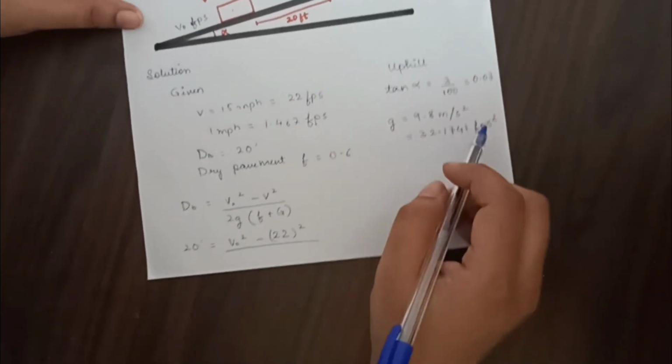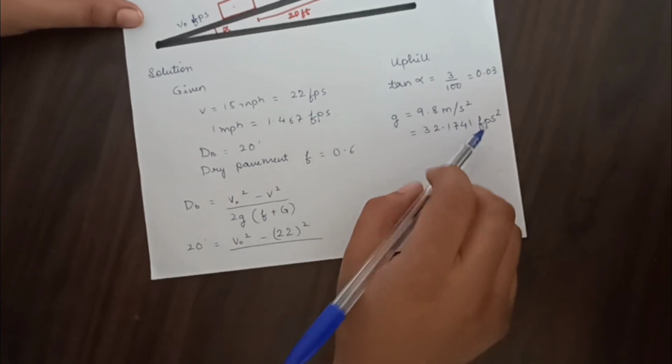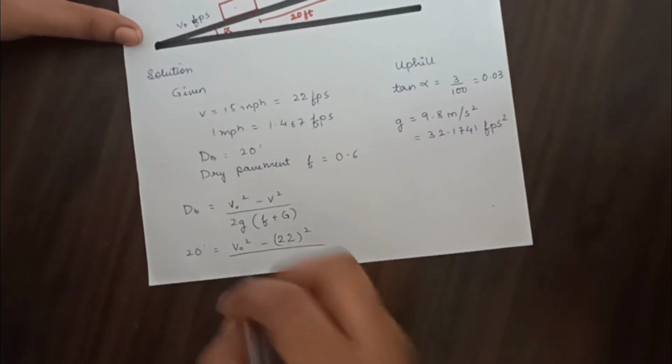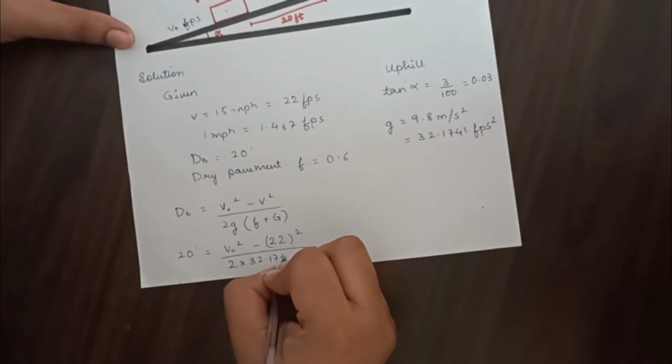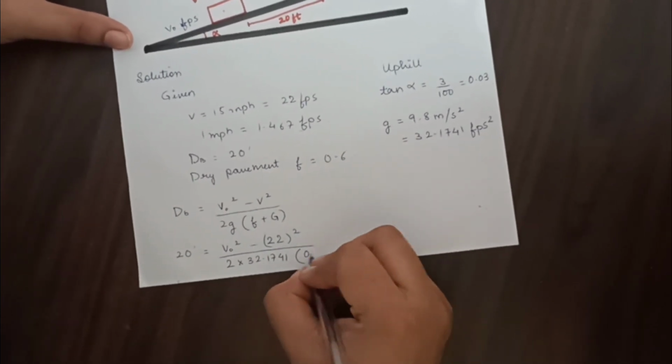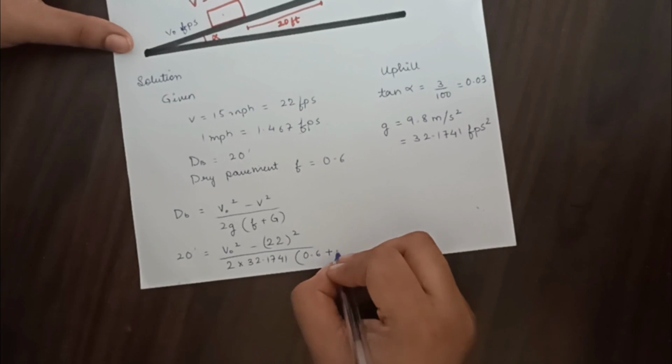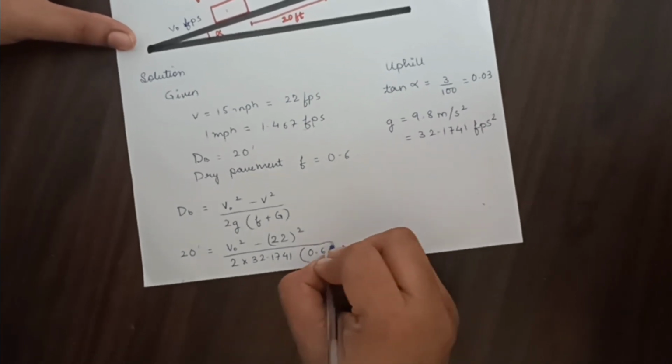Please be careful with your units, that all of them are in the same scale. So 2 into 32.1741, times f, 0.6, plus 0.03.